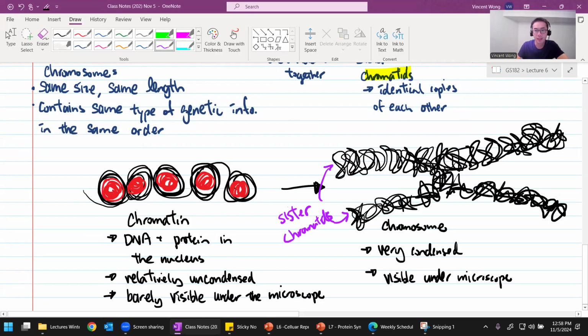And this place where they're stuck together is the centromere. So those are all the confusing C words that you learned from me today: chromatin, chromatids, centromere, and chromosome. Any question? Anything you want me to clarify?